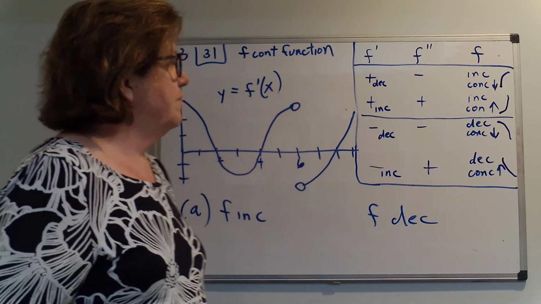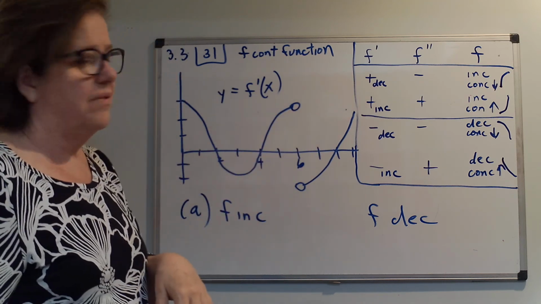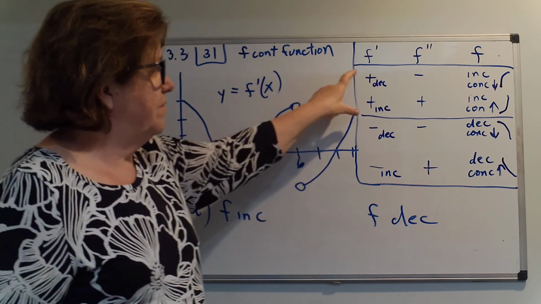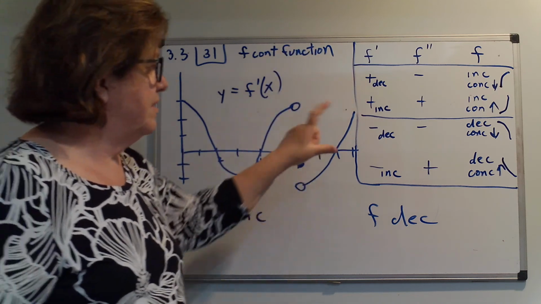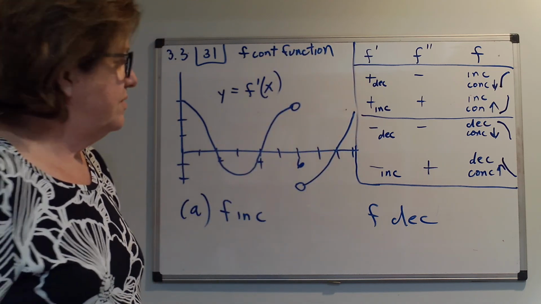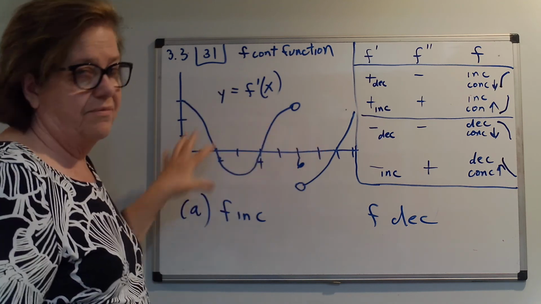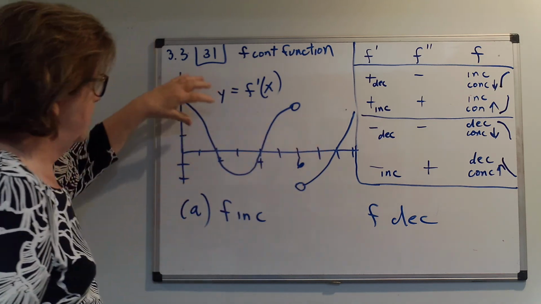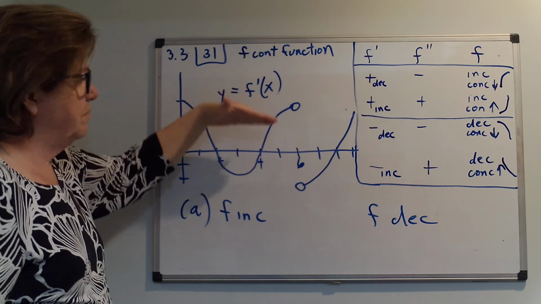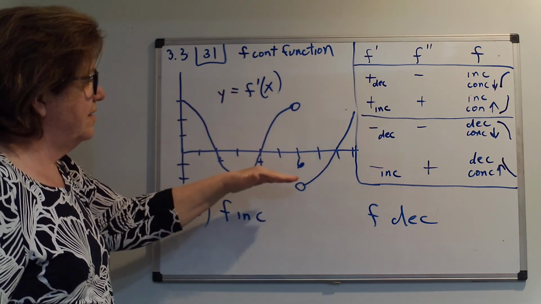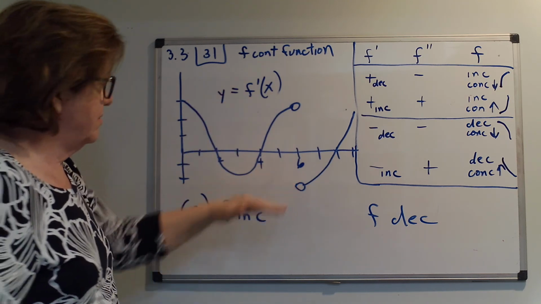It's whether the derivative is positive or negative, right? Because if the derivative is positive, the function's increasing. If it's negative, the function's decreasing. This is the graph of the derivative. It's positive where the graph is above the x-axis. It's negative where the graph is below the x-axis.